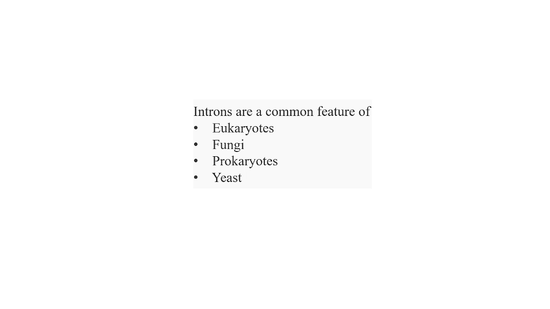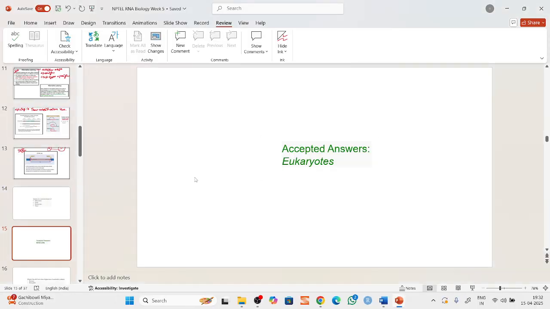Okay, let us see what the answer is. The question is, introns are a common feature of: A. Eukaryotes, B. Fungi, C. Prokaryotes, and D. Yeast. So the correct answer is that introns are a common feature of eukaryotes. Prokaryotes do not have introns because the genome size of prokaryotes itself is very small, so we do not expect introns to be in there.